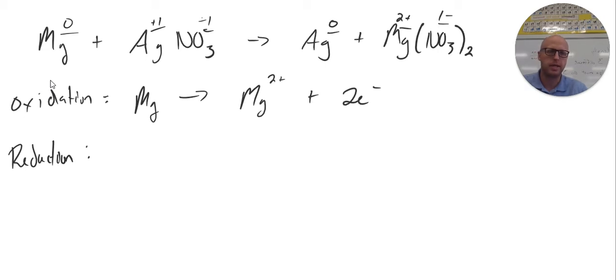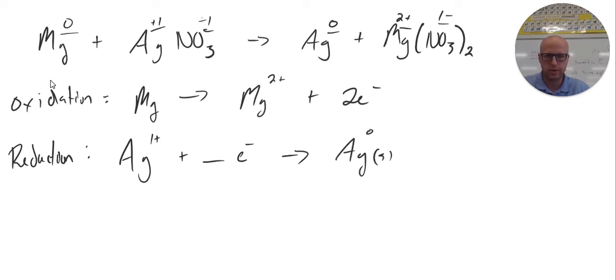Well, how do you become less positive? Well, you add in more electrons. So we had silver, +1 charge, plus some electrons going to silver solid with a 0 charge. Well, how do I get from a +1 to a 0? By adding in 1 electron.